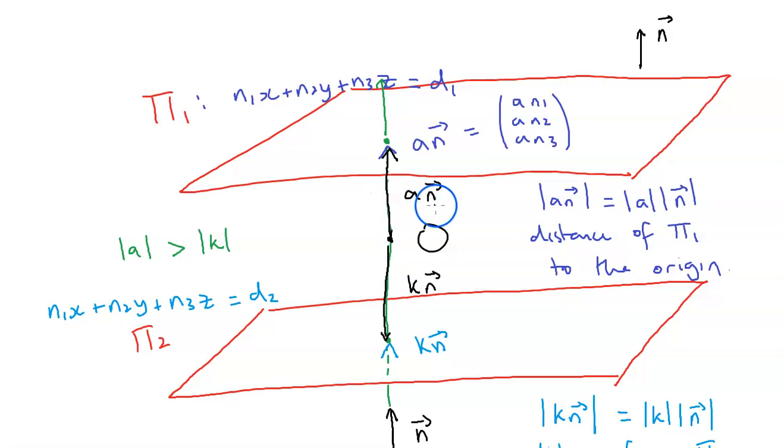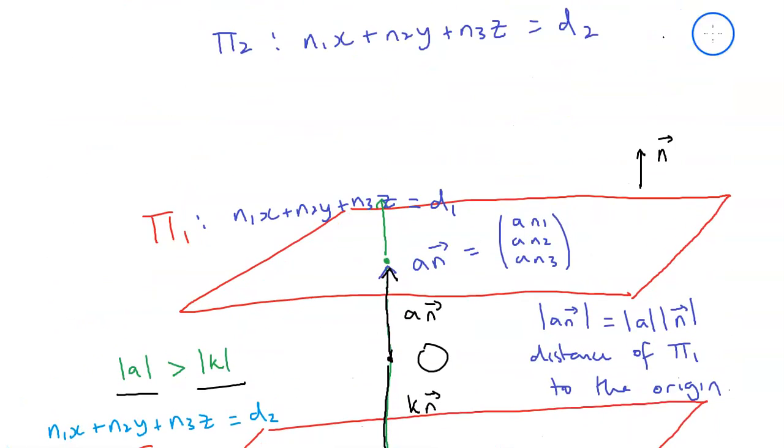The argument is the exact same. Suppose that pi 1 is further from the origin, then again that would imply that the absolute value of a is bigger than the absolute value of k. And so the same argument holds.